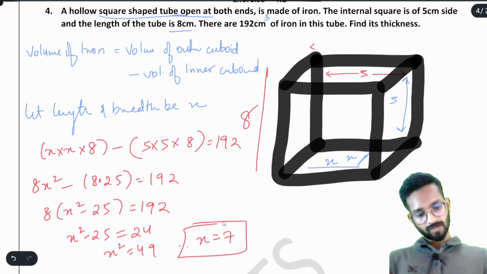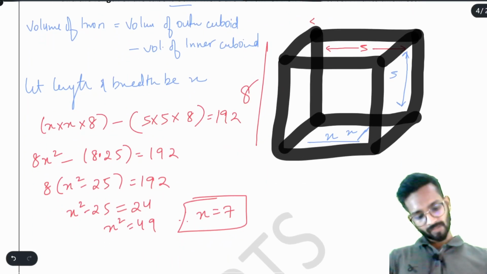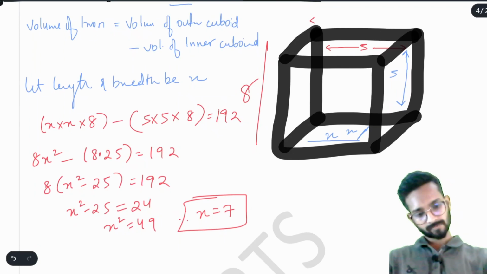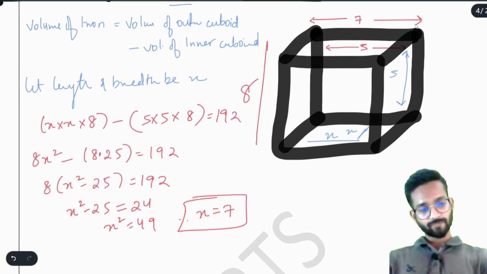Simple enough. Now if x is equal to 7, then we have to find the thickness. Now be very careful. Inside was 5, outside is 7.